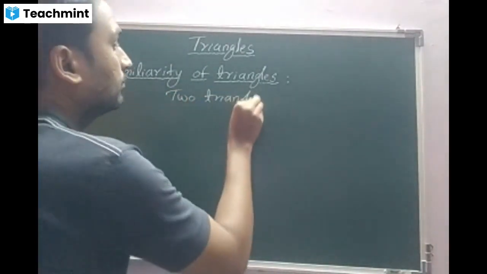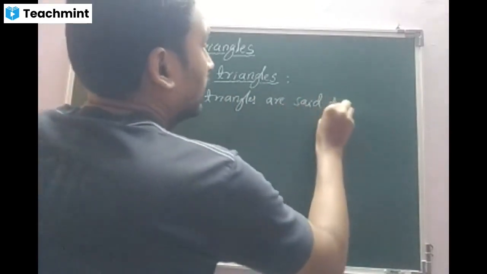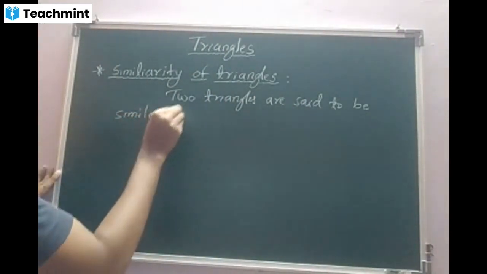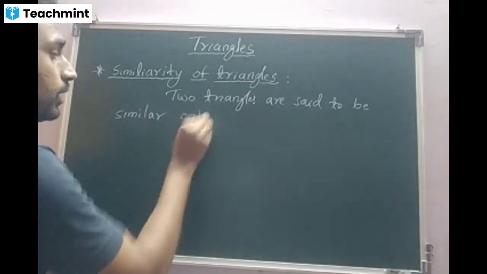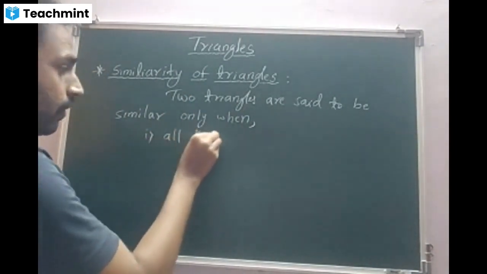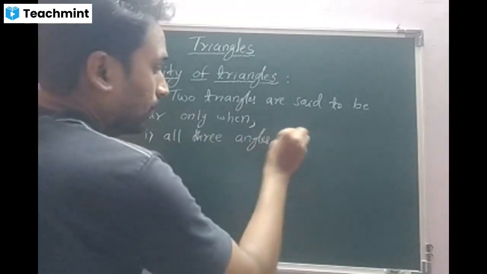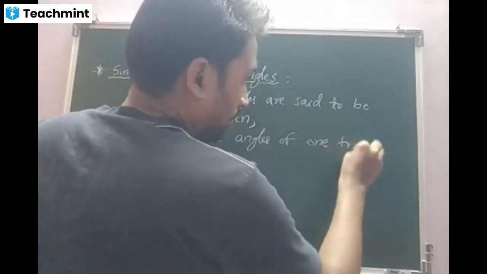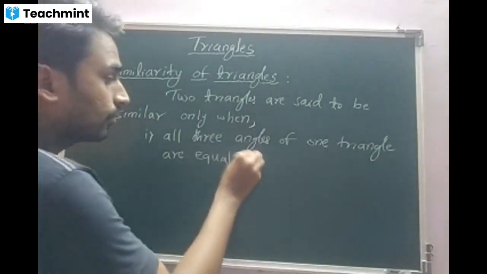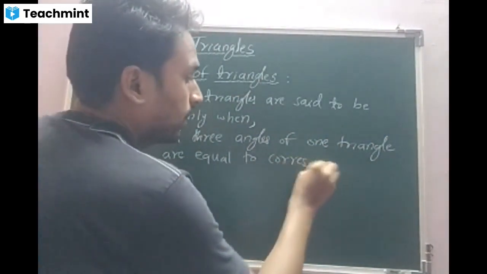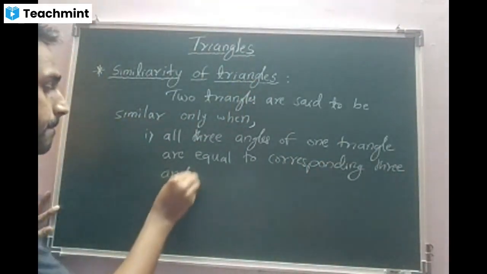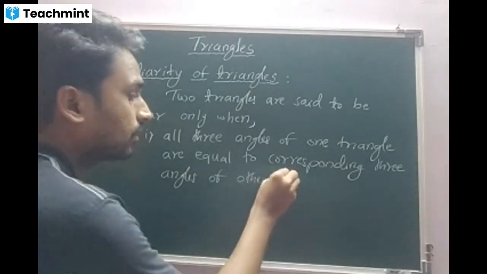Two triangles are said to be similar only when, number one, all three angles of one triangle are equal to the corresponding three angles of the other triangle.